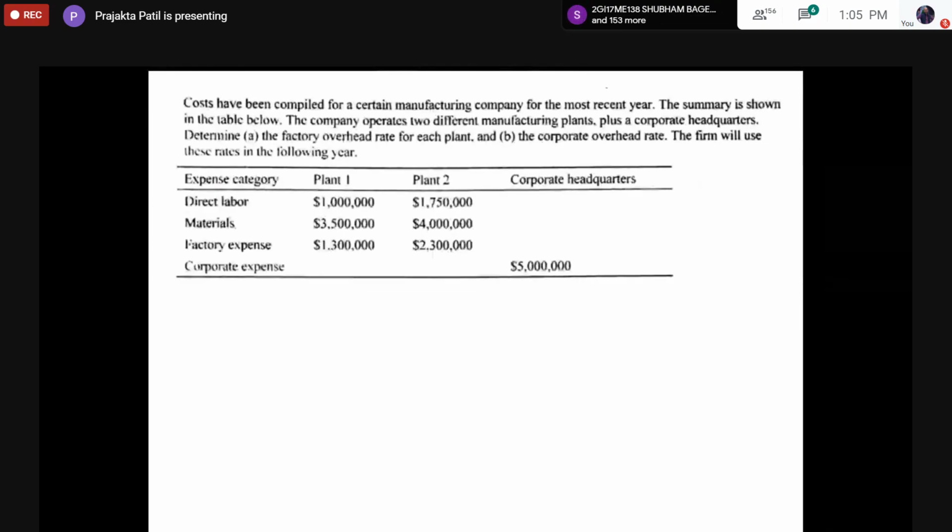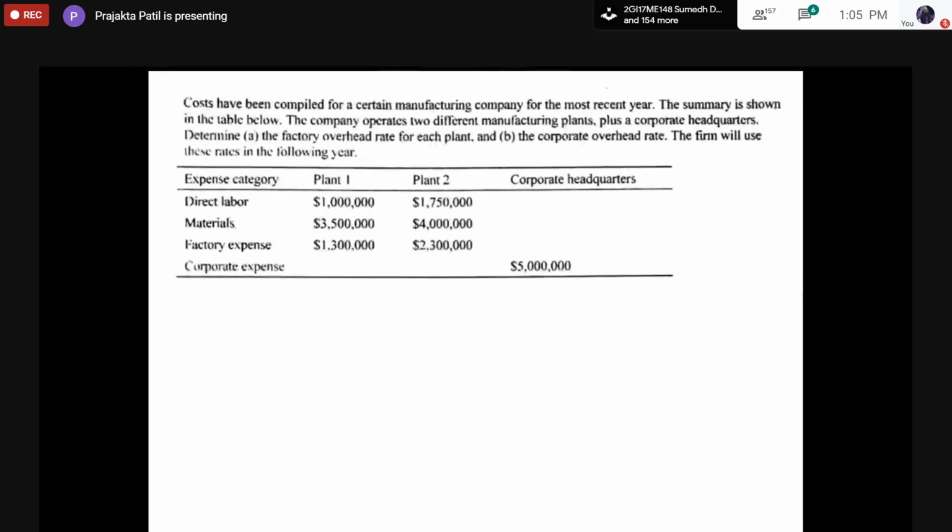Costs have been compiled for a certain manufacturing plant for the most recent year. The summary is shown in the table below. The company operates two different manufacturing plants plus a corporate headquarter. Determine the factory overhead rate for each plant and the corporate overhead rate. The firm will use these rates in the following year. So this is the table.